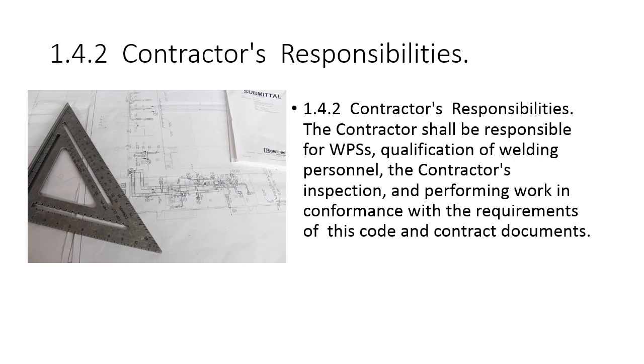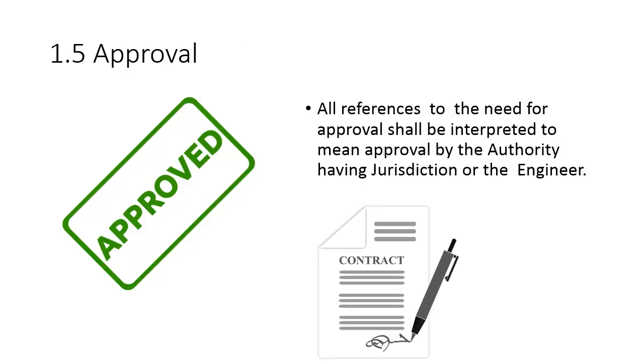He's responsible for writing the WPS, qualifying the welding personnel, doing his inspection, and then performing the work in conformance with the requirements of the code and the contract documents. So that lays it all out, you know, what his job is. We got the engineer's responsibilities, now we got the contractor's responsibilities.